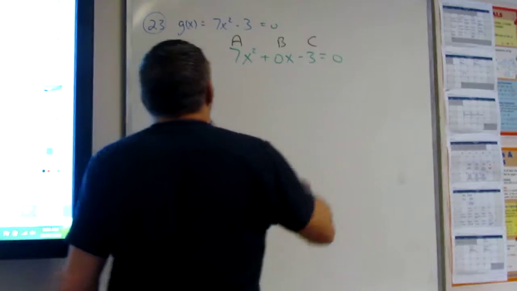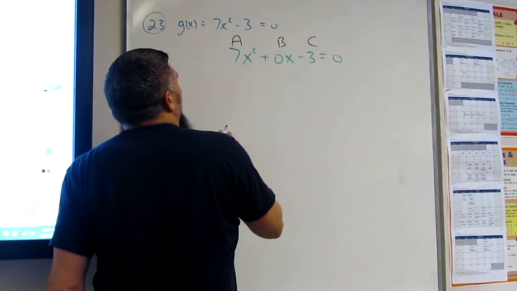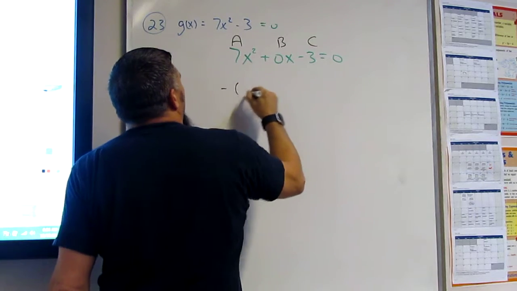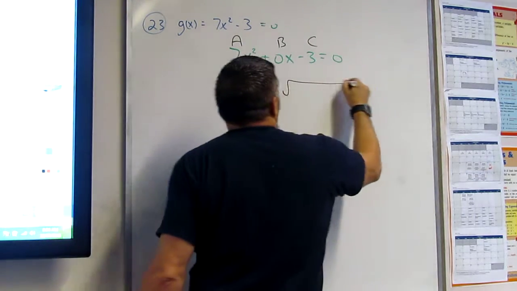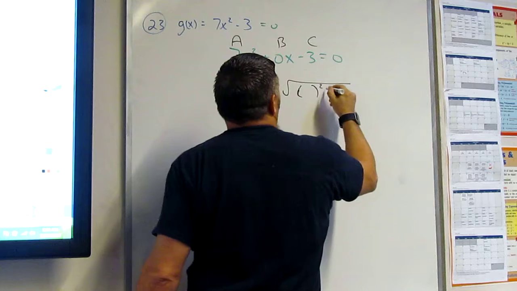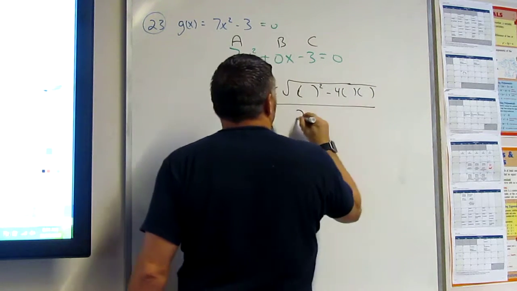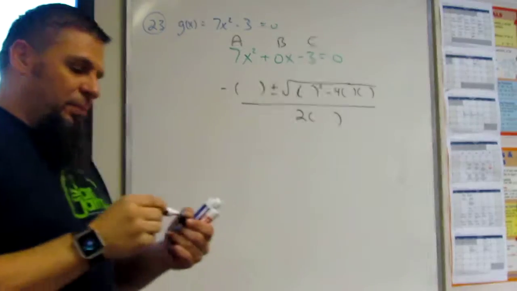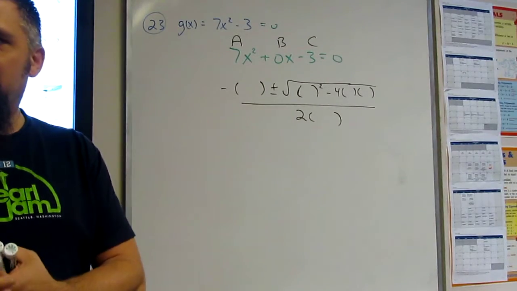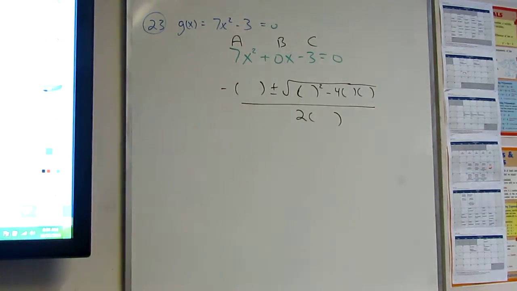So then I've got negative B plus or minus the square root of B squared minus 4AC all over 2A. If you put just the x there, wouldn't it be 1x though? Instead of 0x?